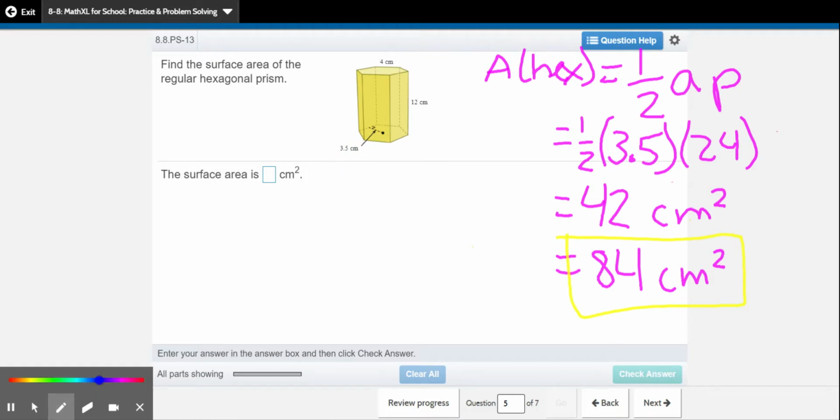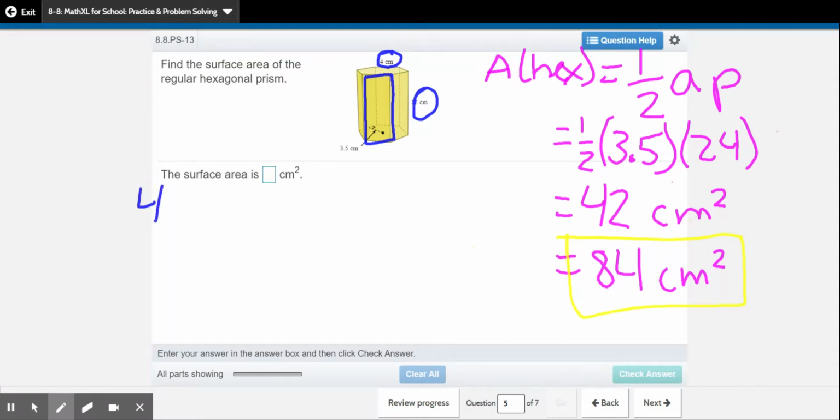Now let's talk about the rest of the hexagon, right? So we have 6 sides that are all 4 by 12, right? So we have length times width, 4 times 12.